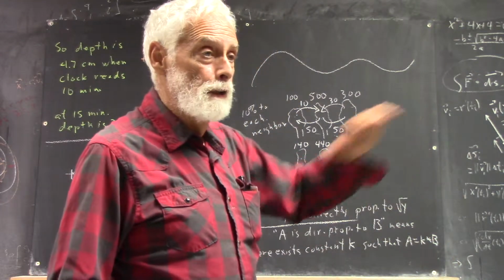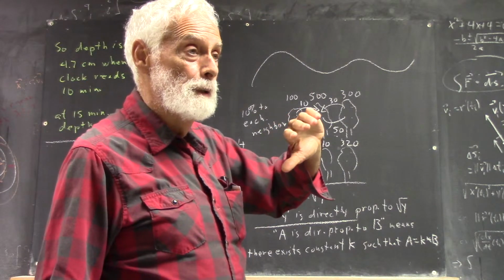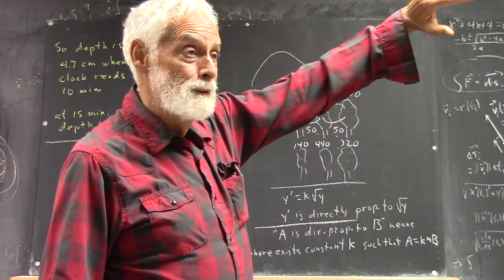So a graph of A versus B would be a line through the origin with a slope of k.